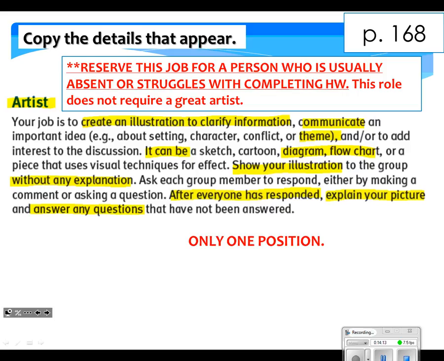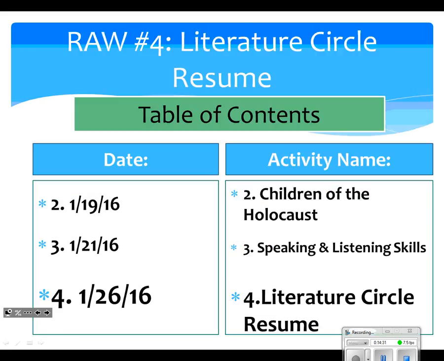Now, these are the 5 jobs. Some of you have more than 5 people in your group, so that means you'll be doubling up on certain jobs. But what we've got to do next is get you prepped so that you can essentially shoot for a job and hope you get it. So what I need you to do now, if you have your raw notebook, take it out. If you don't, a separate piece of paper will be just fine.